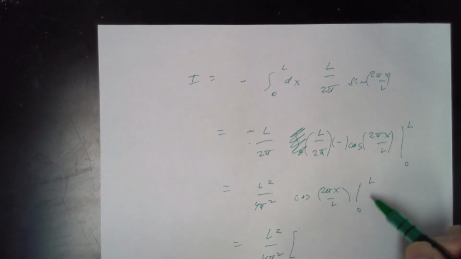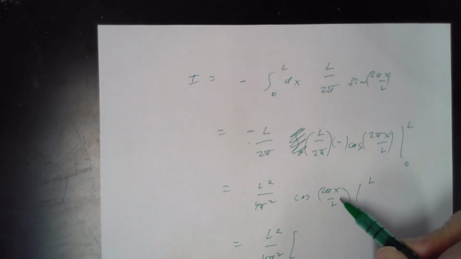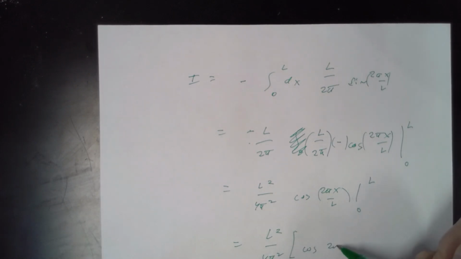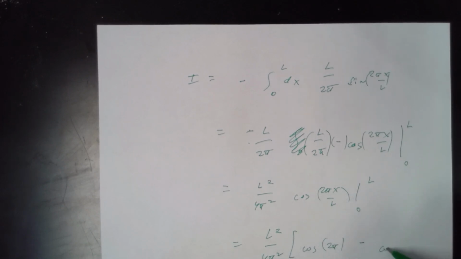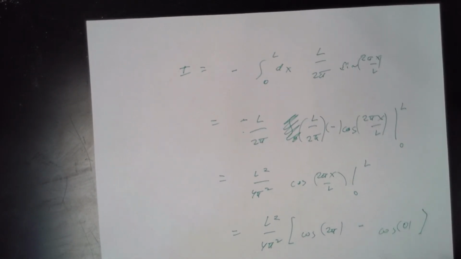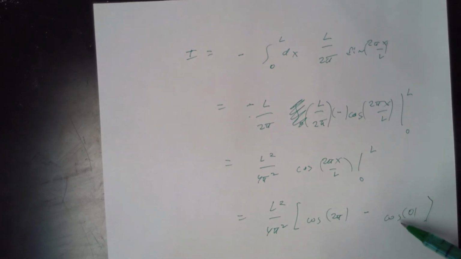If I sub in x equal to L, I'm going to get cosine of 2 pi for my upper limit of integration minus cosine of 0 when I sub in my lower limit of integration. Cosine of 0 is 1. Cosine of 2 pi is 1. 1 minus 1 is 0. So this integral is actually 0.